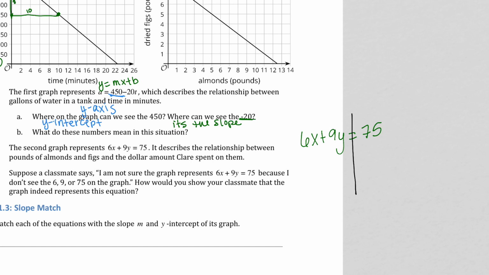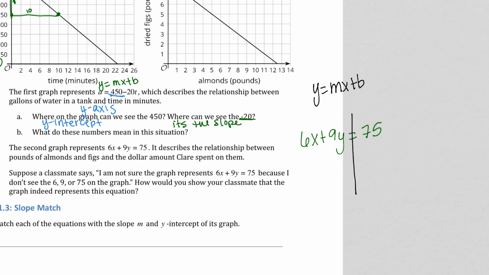Now what do I need to do? Now you need to subtract 9. Are you sure about that? No. What equation do I need to be trying to get? If I want it in slope-intercept form, what's the easiest thing for me to move to get it closer to this equation?